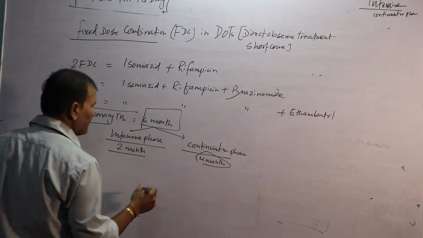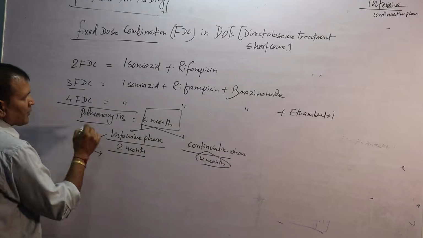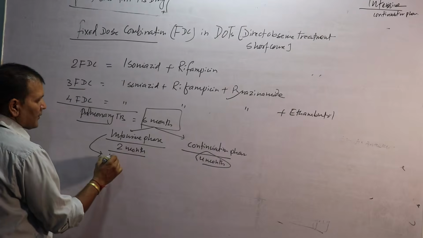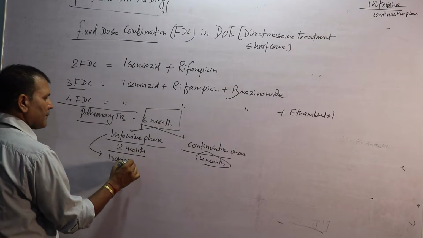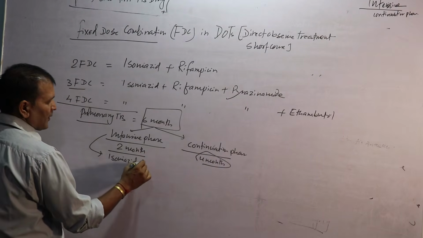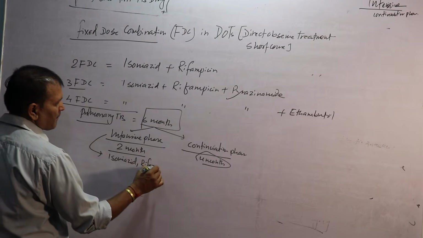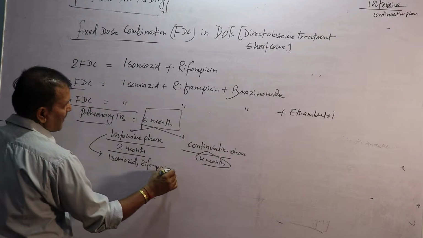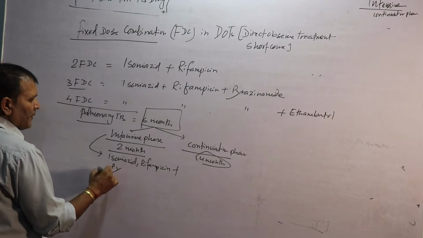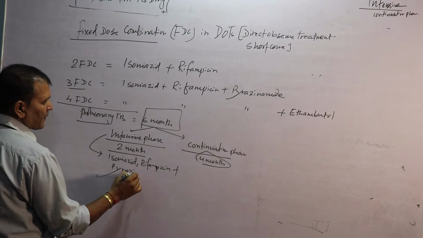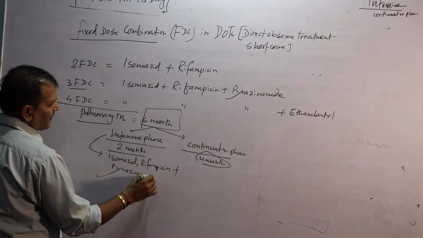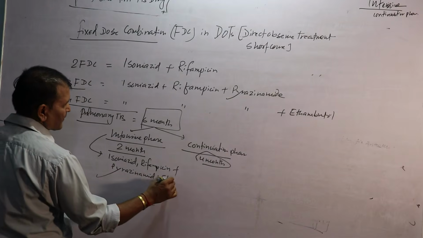In the intensive phase, we use the 4-FDC: isoniazid, rifampicin, pyrazinamide plus ethambutol.